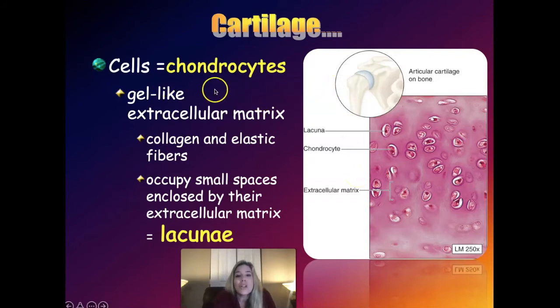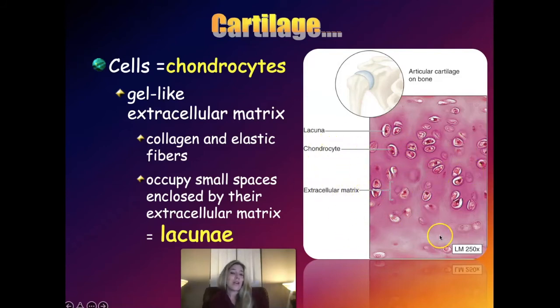The cells of cartilage are called chondrocytes. Chondro refers to cartilage, and cytes means cells. And these cells occupy little spaces in their lacunae, lacunae for plural or lacuna for singular. These lacunae with their chondrocytes are just embedded in this extracellular matrix.